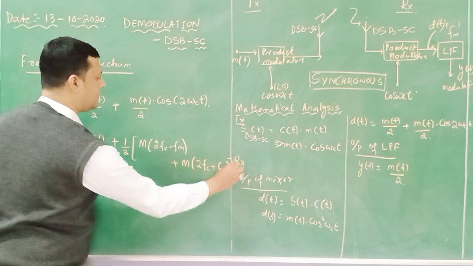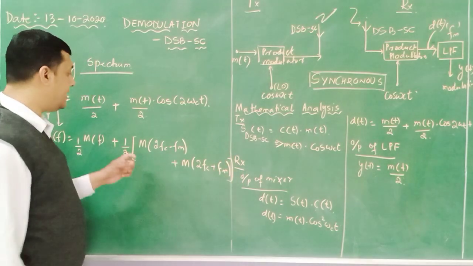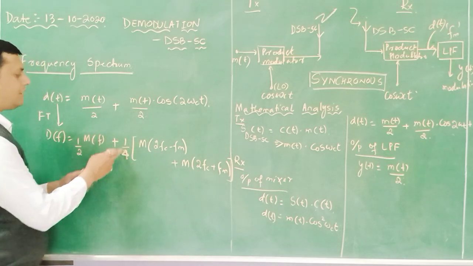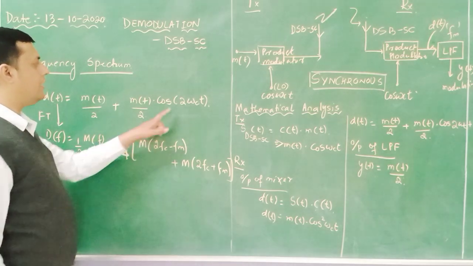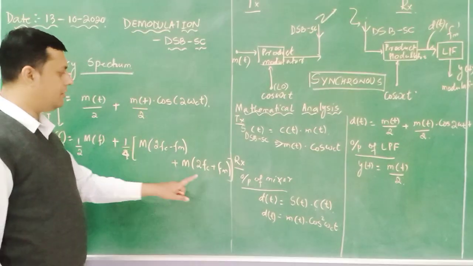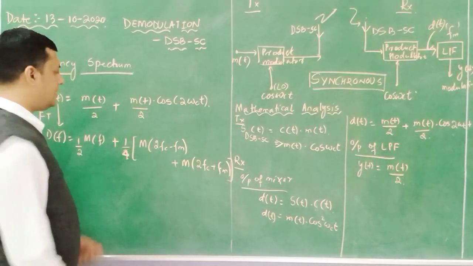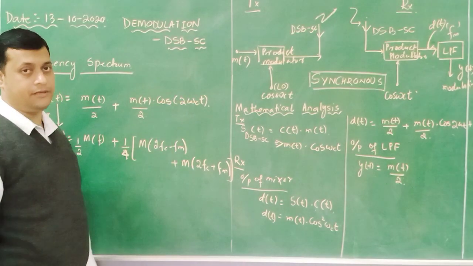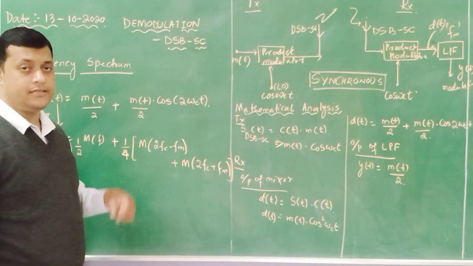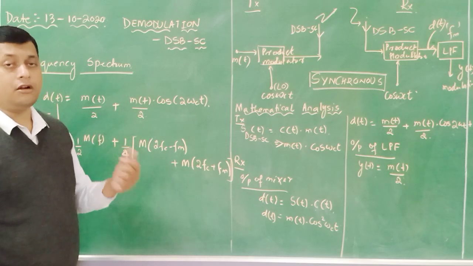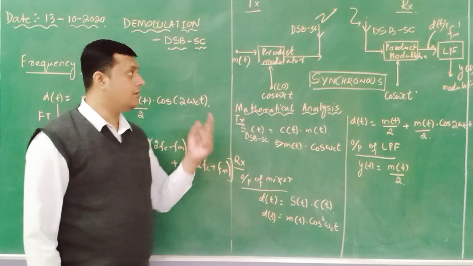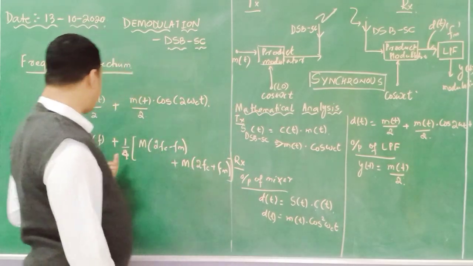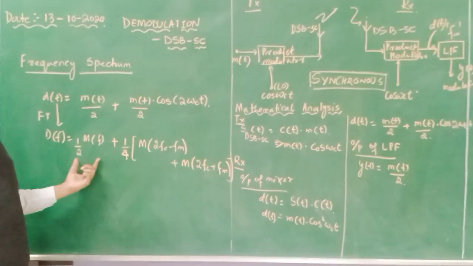So these are the components available and it is divided by 2, so it will become 4. So it is 1 by 4 m of 2fc minus fm, 2fc plus fm. Now these are the higher frequency components. They will be suppressed by the low pass filter. Our low pass filter is tuned only to the modulating frequency, or you can say the low pass filter is centered on the modulating frequency, so that it will extract only this much part. How? Let's see.